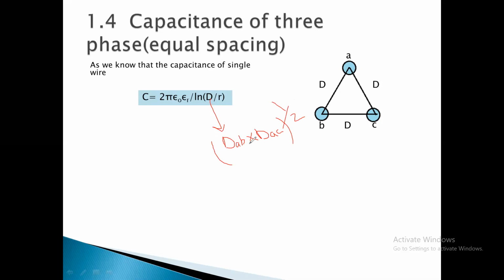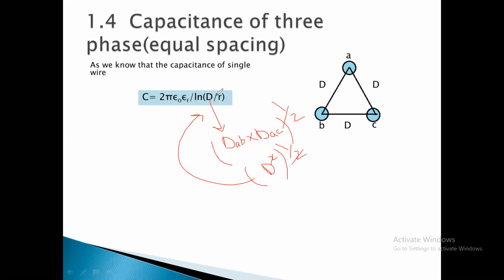As dA to B is equal to dA to C, it is D square, and D square again divided by 2. So I will just cancel out and I will again get the same equation. That's why we say the same is the case in inductance. Last time I forgot to tell you that the same is the case in inductances.